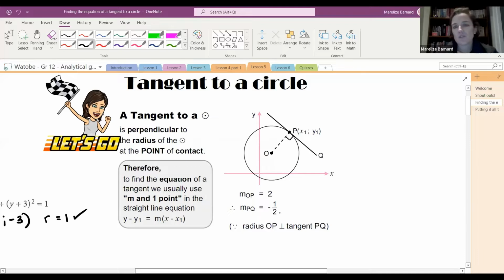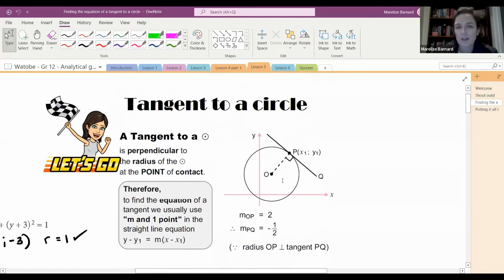Tonight we are going to find the tangent to a circle. So to do that, we need to bear in mind a few important things. The first thing is that a tangent to a circle is perpendicular to the radius of the circle at the point of contact.